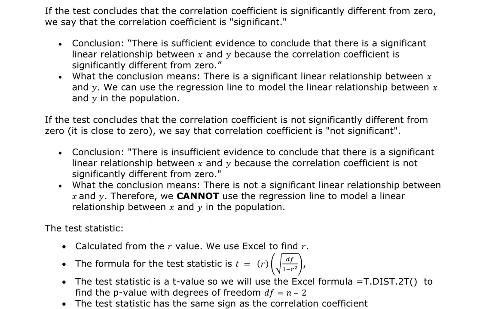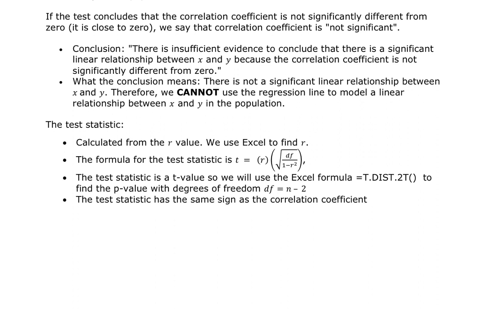What that means is that we cannot use the linear regression line to model the relationship between x and y in the population. This is going to be really important on your homework or test. If your hypothesis test says you cannot use the regression line or line of best fit, that means you really truly cannot use it for modeling.